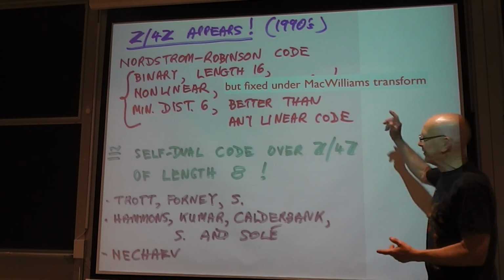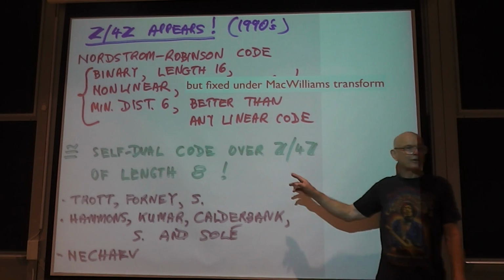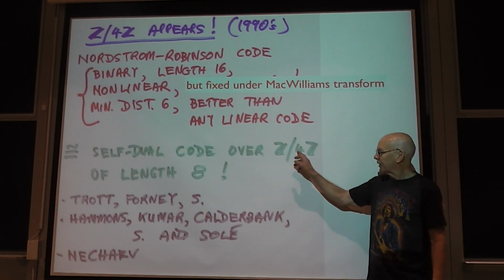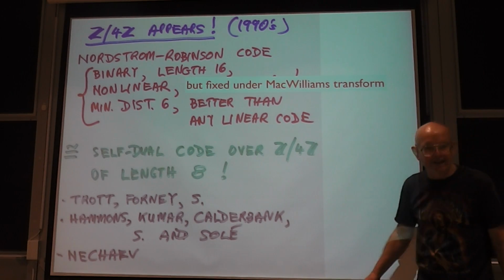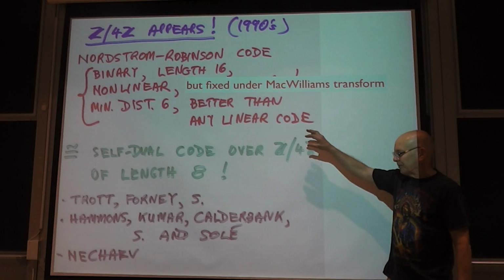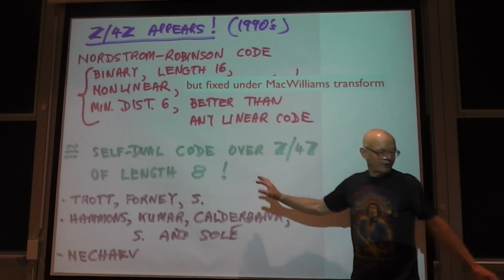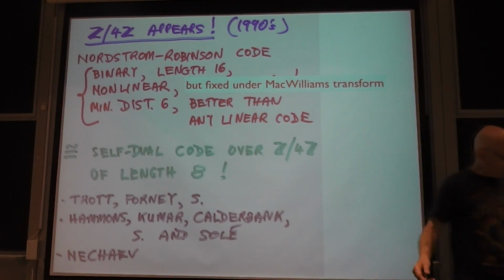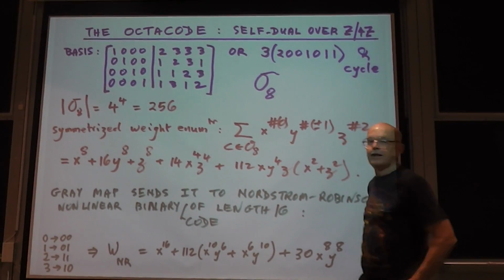But many years later, we discovered that in fact, it's really a self-dual code over the ring, not over the field, but over the Galois ring, Z mod 4Z, of length 8. You can take this code, which is easy to construct, it's on the next slide, and you can map it to a binary code. You get the nonlinear code. So it's linear over Z mod 4Z.